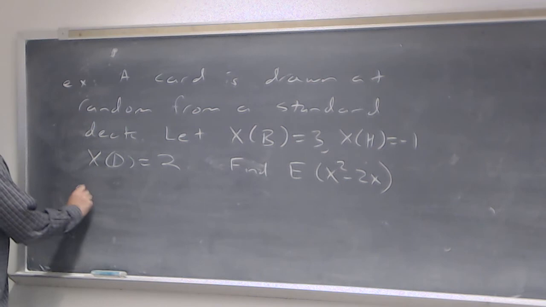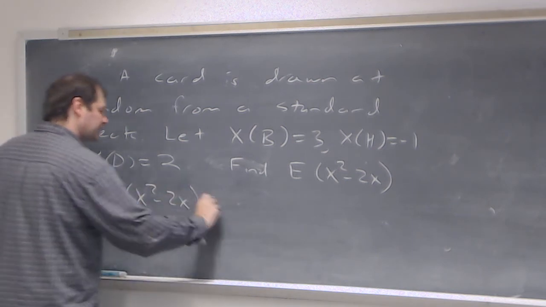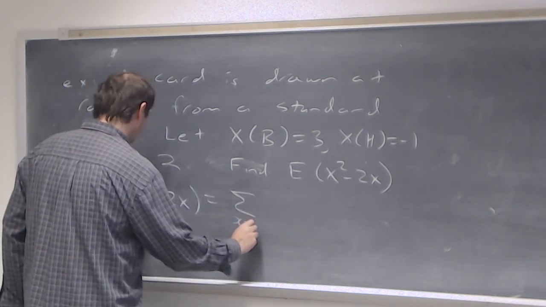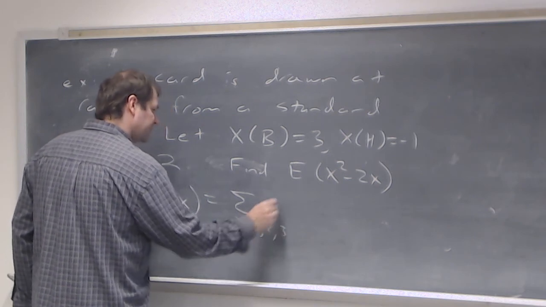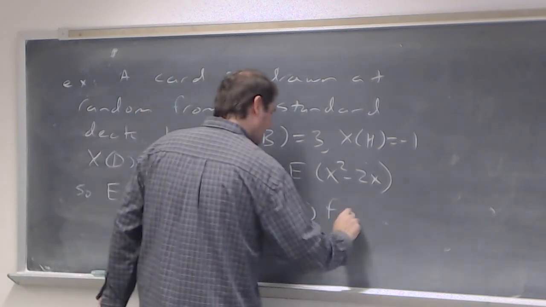So the answer is, the expected value of X squared minus 2X is equal to the sum over the output values for X. So again, x equal to -1, 2, 3 of g of x, so that's x squared minus 2x times f of x.